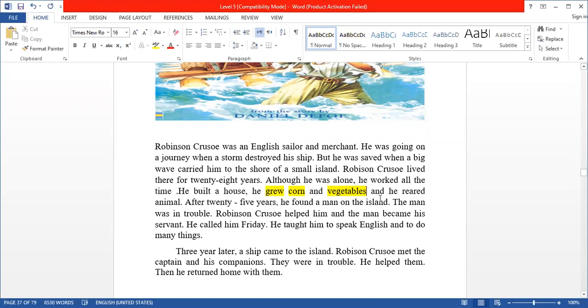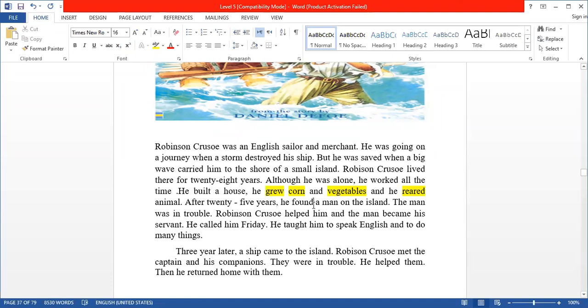Here it means to take care of, to take care for young children or animals until they are fully grown. يعني بمعنى يرعى أو يهتم أو يربي. تربية جاي من التربية، رب حيوانات and so on. He reared animals.